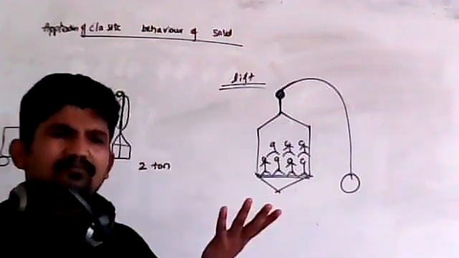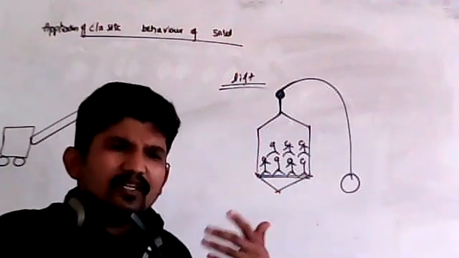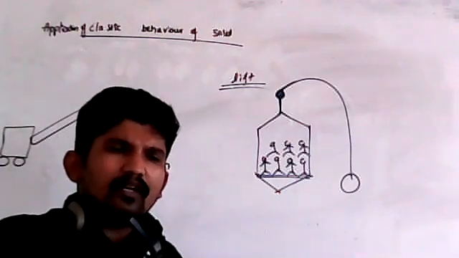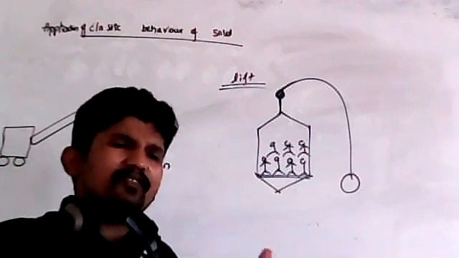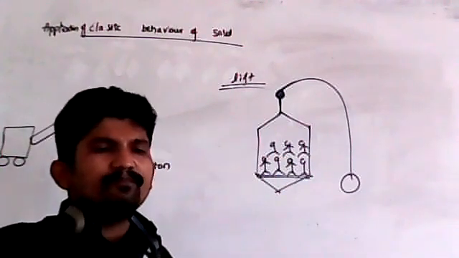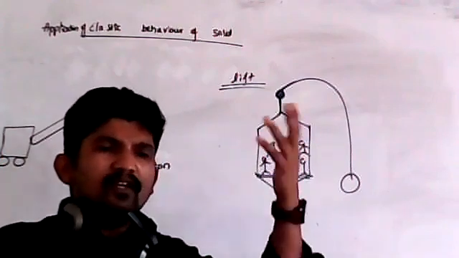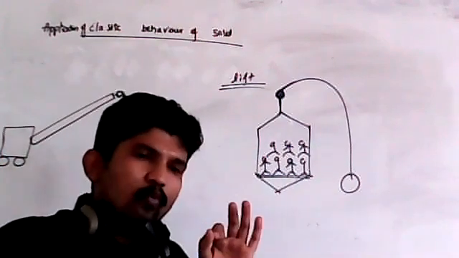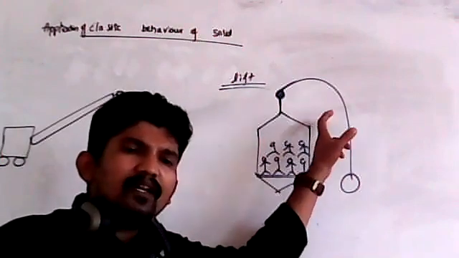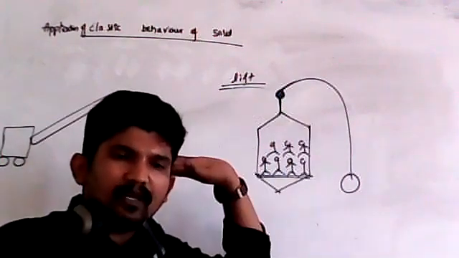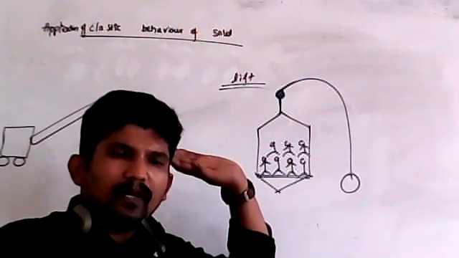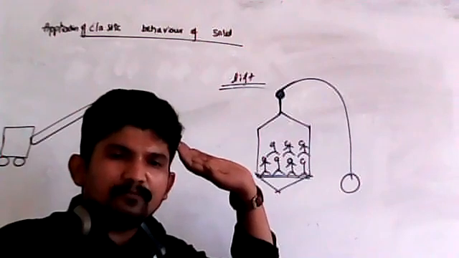But technology is going on, changing daily, so in upcoming days it may change. Capacity may increase, but it depends on the material as well as Young's modulus. I hope you got my point, isn't it?